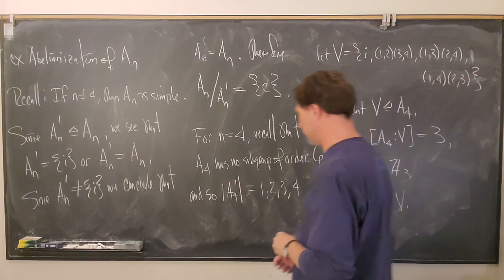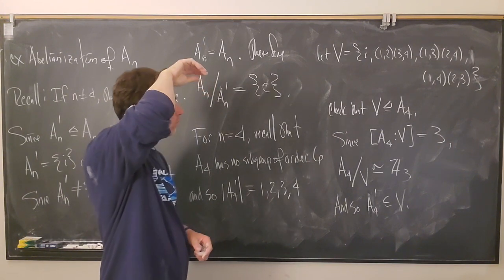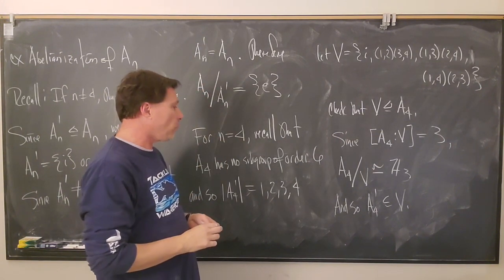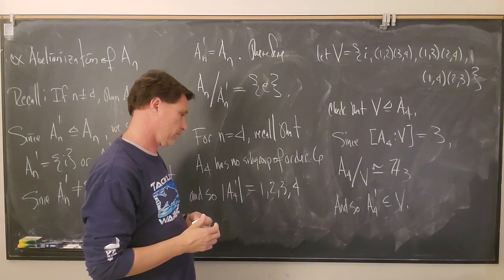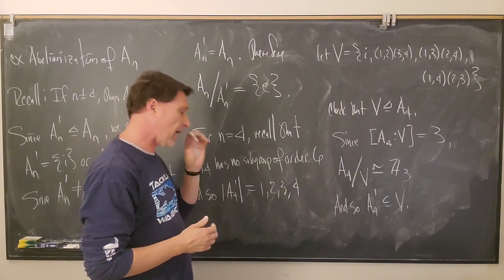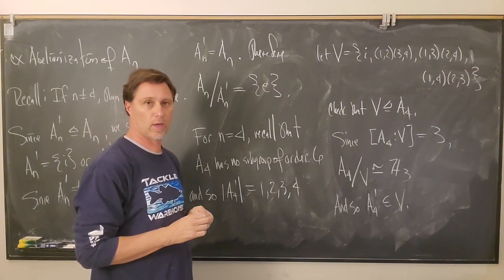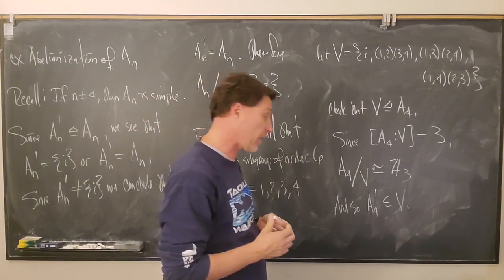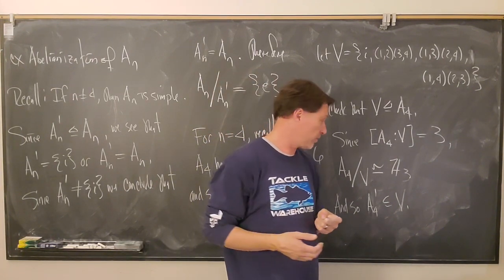And here's the reason. A4 prime is the smallest normal subgroup of A4 that makes the quotient abelian. Right? So in general, the commutator subgroup is the smallest normal subgroup for which the quotient becomes abelian.